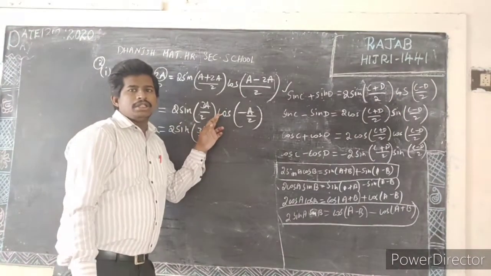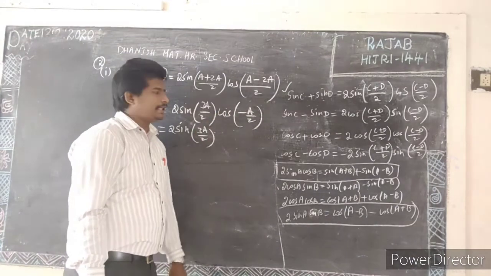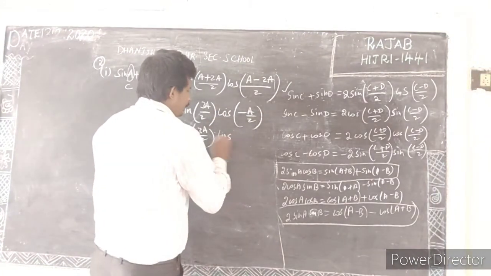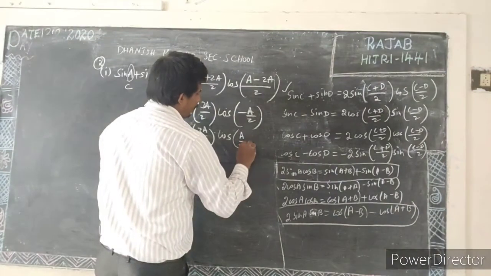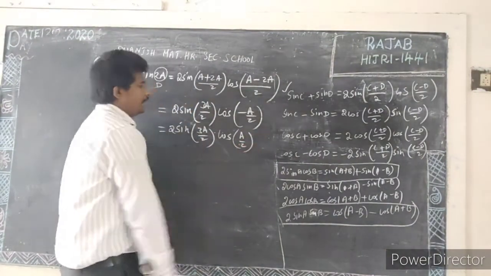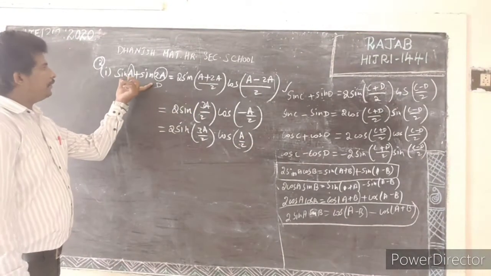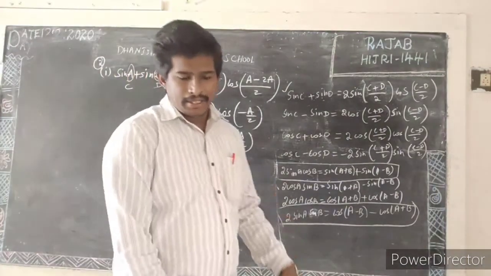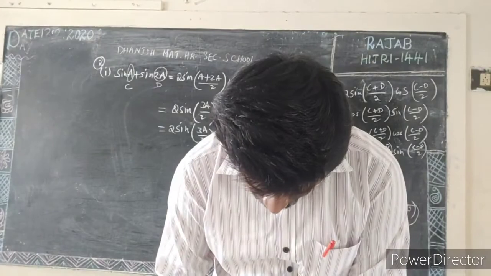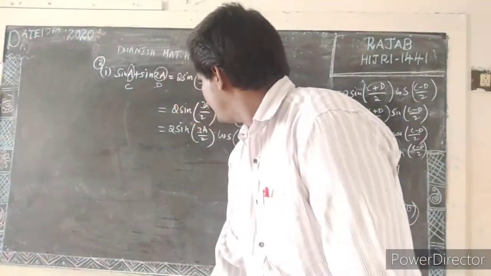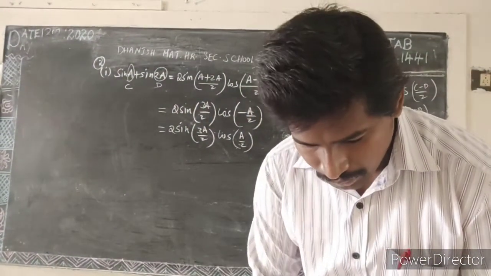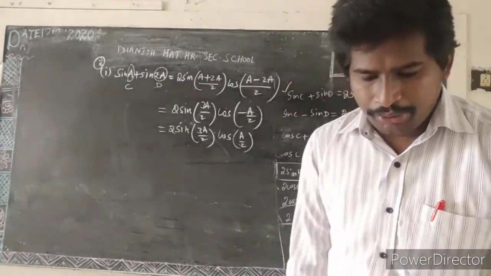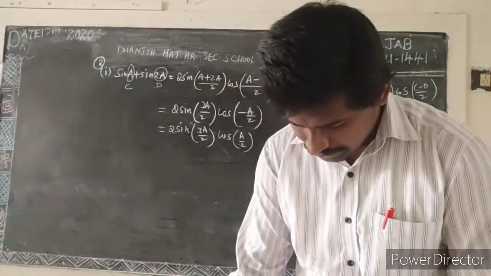Here I am going to use the result cos of minus theta equal to cos theta. So it becomes cos a by 2. Hence, we have expressed the given sum as the product of sin and cos. Similarly, you can do the remaining as the homework.